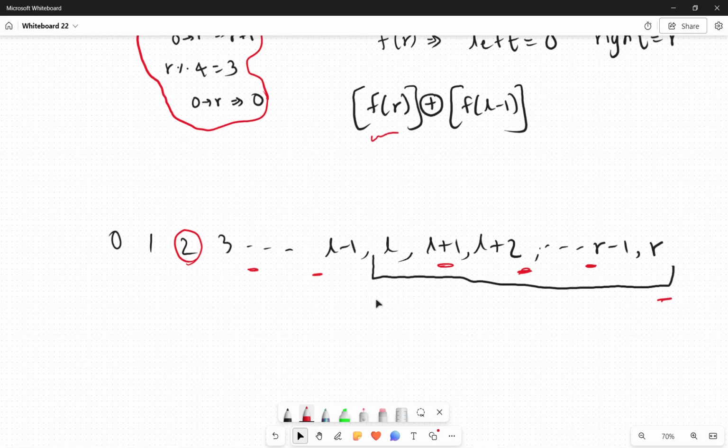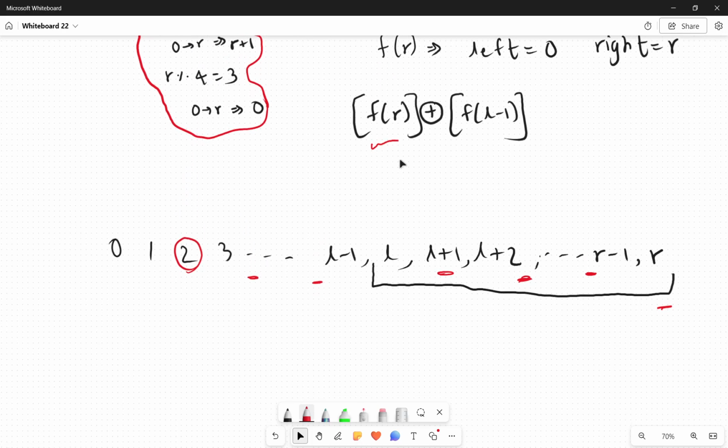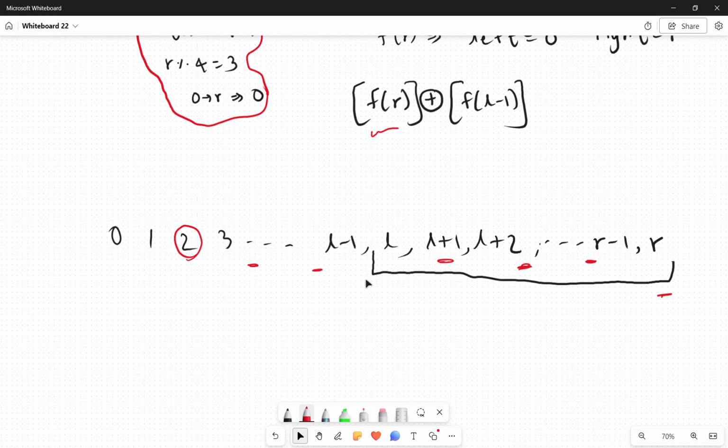So if I do f of r XOR f of l minus 1, it should give me my desired answer. Why? f of r is taking the XOR of these uninteresting numbers as well, but f of l minus 1 is nullifying that effect, right?